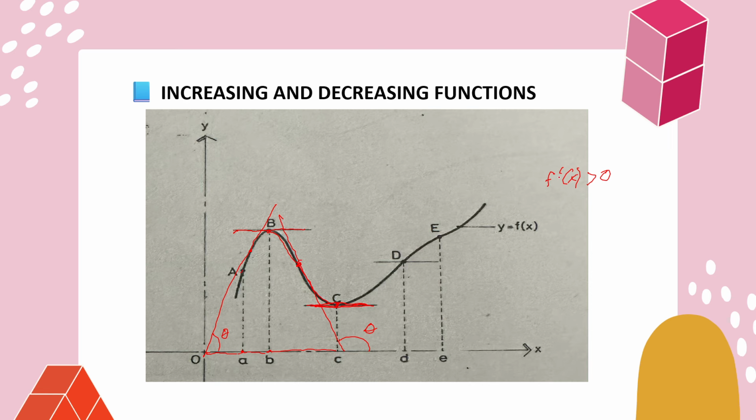So the first derivative is negative, that is, lesser than 0. Therefore, when the function is increasing, the first derivative is greater than 0, but when the function is decreasing, the slope, or the first derivative, is lesser than 0.